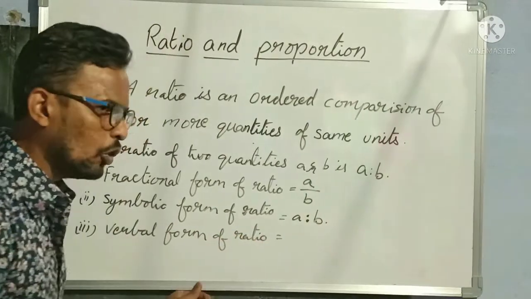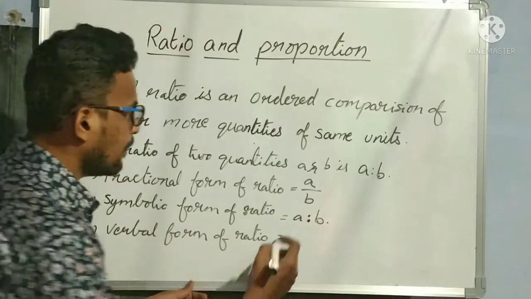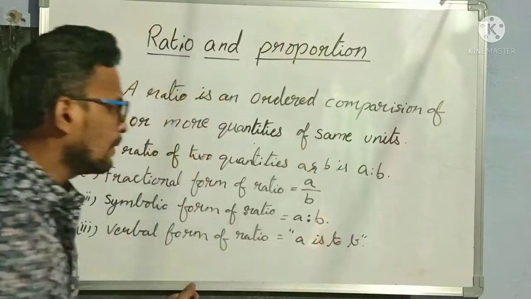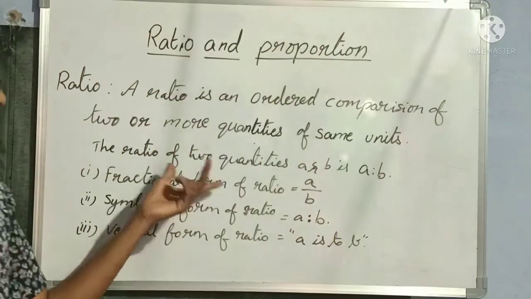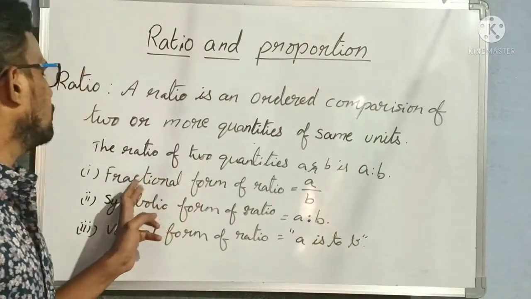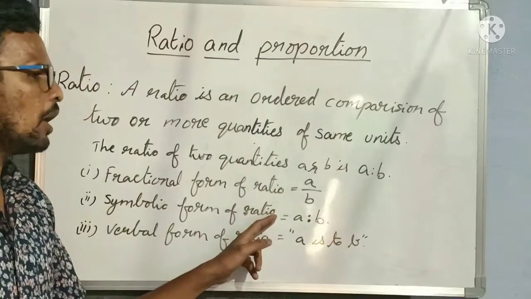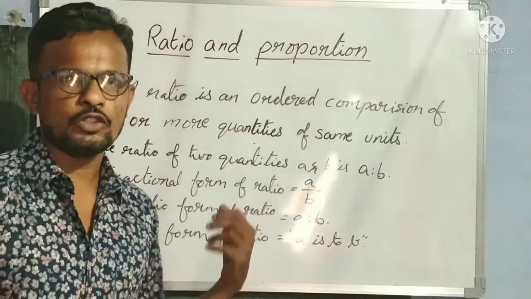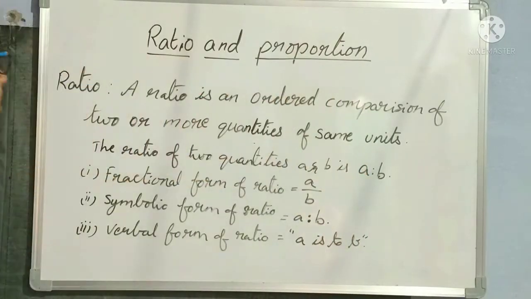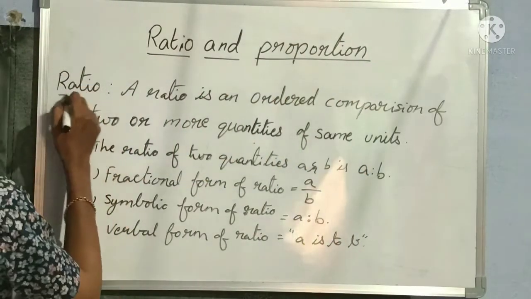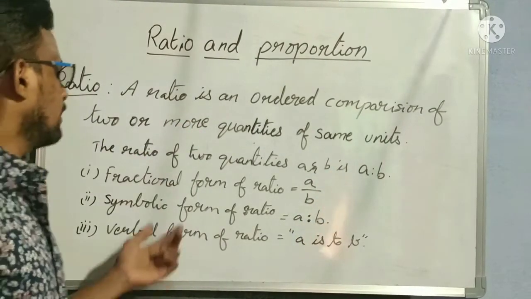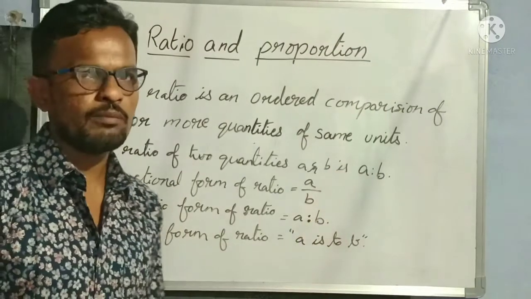Verbal form of a ratio means how we read it, that is, A is to B. These are the three important forms of denoting a ratio. Either we can use fractional form or symbolic form when writing a ratio. First of all, note down the definition of ratio along with the forms: fractional form, symbolic form and verbal form.